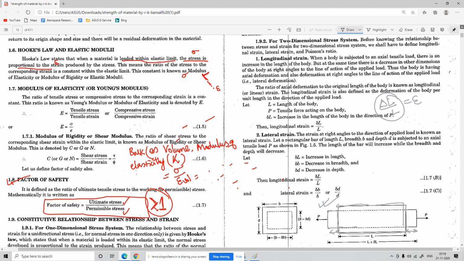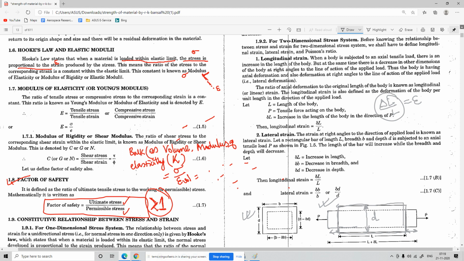When it's elongating, across this length, suppose we consider the original diameter or depth is D. When it's pulled, there will be some decrease in depth. You can see in this figure that shows.